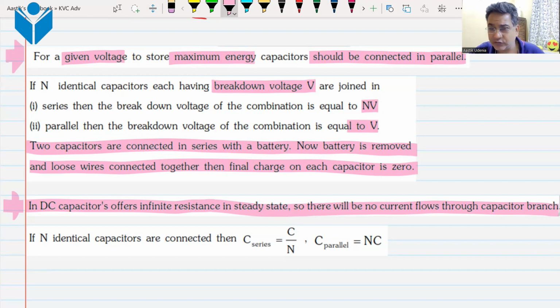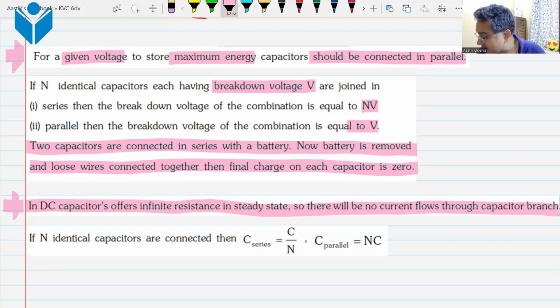In any branch where a capacitor is connected in a DC circuit, there will not be any current flow. We will see this in brief, and in a lot of detail in the next class that is coming up. Right now, you just write it.